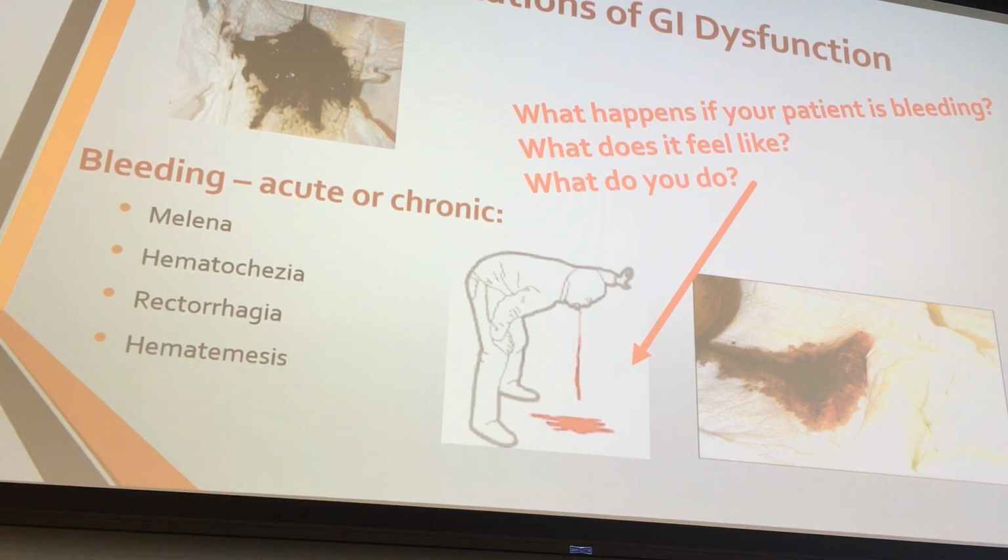Blood and vomit. So rectorrhagia would be blood without stool, is that what you're saying? No. So it's blood that's so close to the colon, it's gonna be really red blood. So then how does that differ from hematochezia?